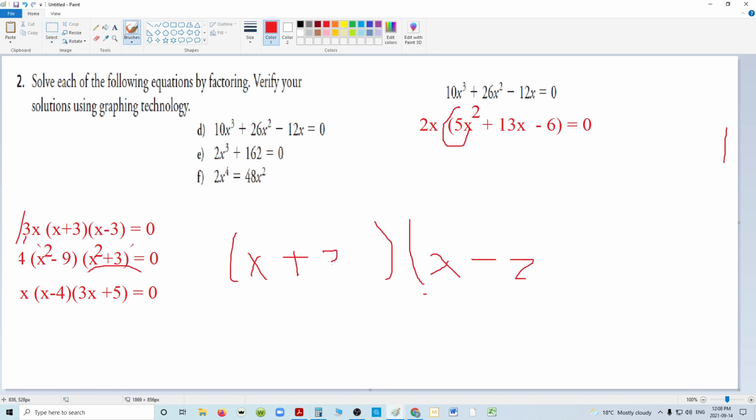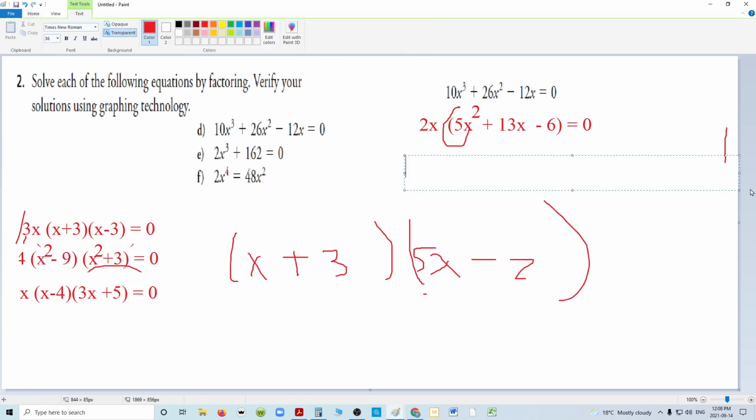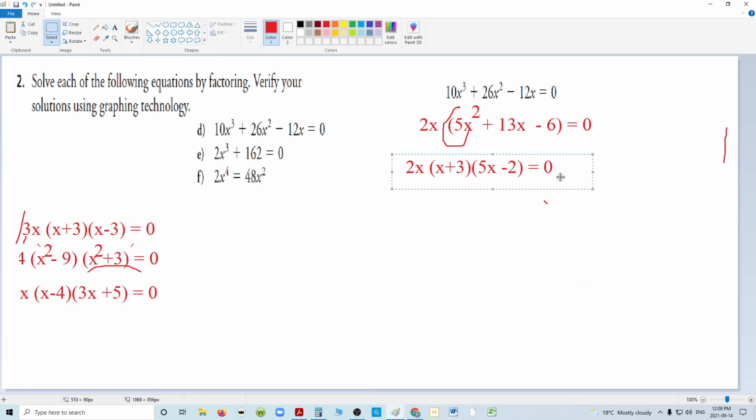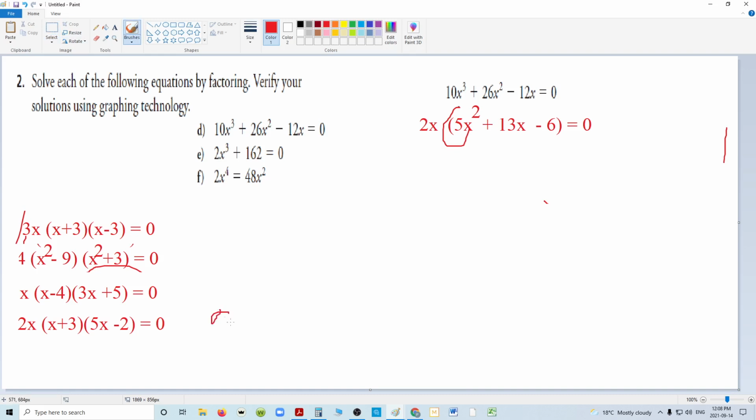It can't divide here, so it goes 5x minus 2, which means these are the factors. If you expand it, you will get what you started with, and you can even graph it if you want. I'm not going to go to the graphing calculator on this, but it goes through 0, 0, minus 3, 0, 2 over 5, 0. It is a cubic.